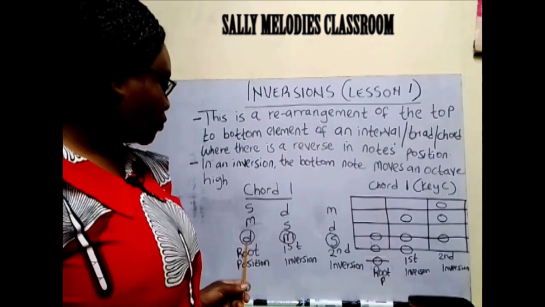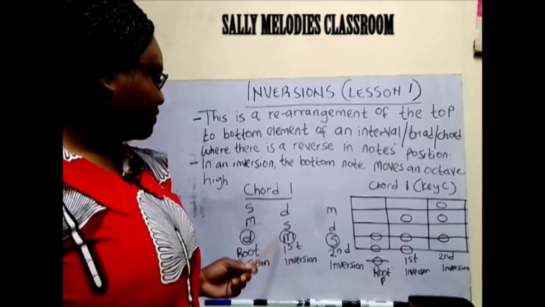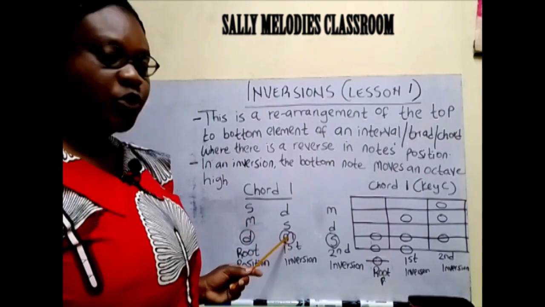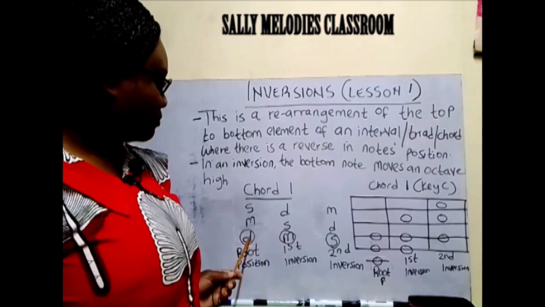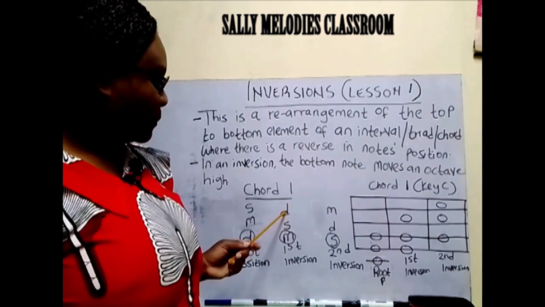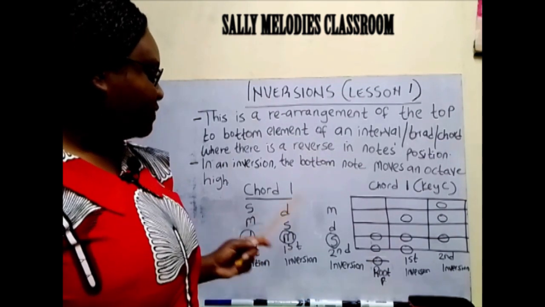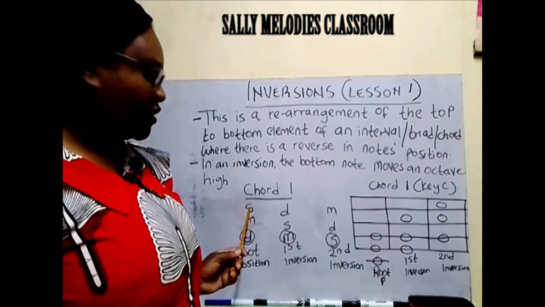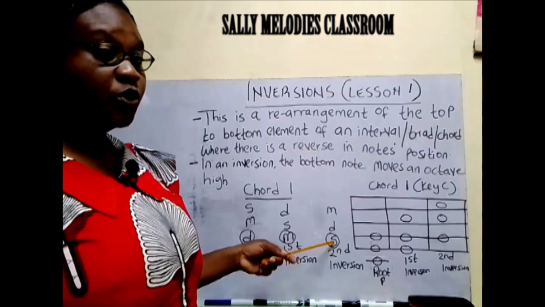This is root position, do, mi, so. And then in the first inversion, we have taken this third down here to take the position of the root, so that whatever was here at the bottom has gone up here and it has become an octave high. And then we come to second inversion. We take this so, the fifth, and it takes the position of the root.